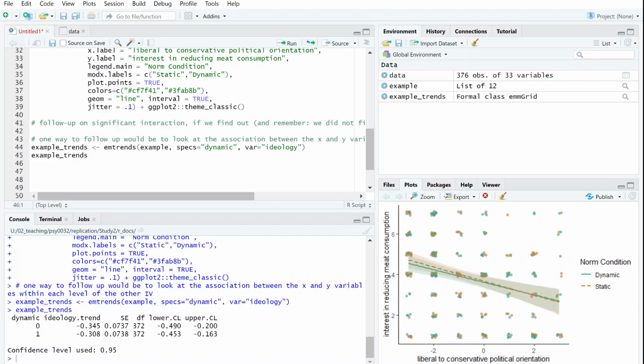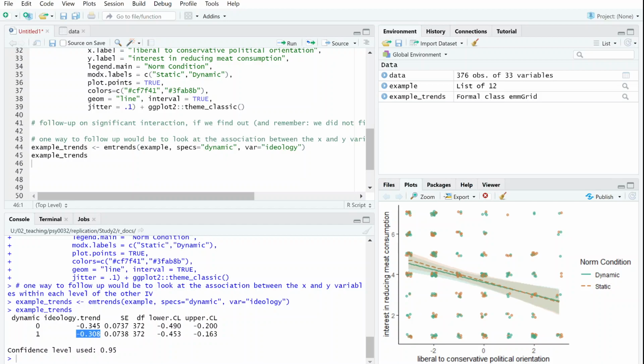And what you can see here is that we now have the association between political ideology and interest in reducing meat consumption separately for people in the static condition, those people who had a value of 0 for the predictor that we created called dynamic, and for people in the dynamic condition who had a value of 1 for that variable. For people in the static condition, the association between ideology and interest in reducing meat consumption was minus 0.345. And for people in the dynamic condition, it was minus 0.308.